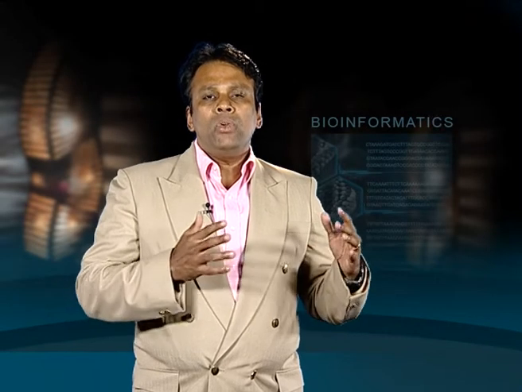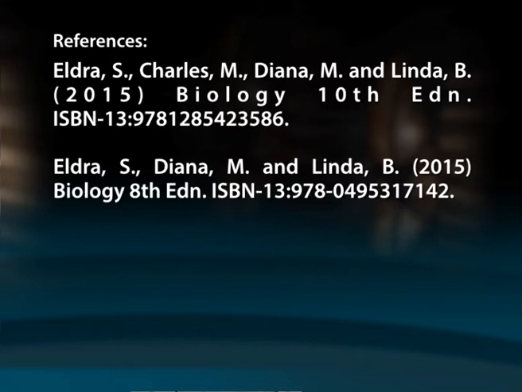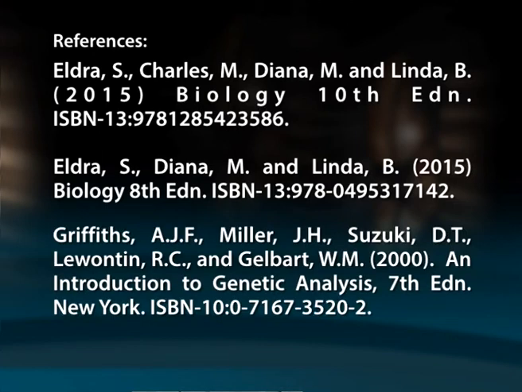I will also give you certain references for your further reading. One is a book entitled Biology, 10th edition, published in 2015 and authored by Eldra, Charles, Diana and Linda. A second book is again entitled Biology, 8th edition, published in the year 2015 and authored by Eldra, Diana and Linda. The third reference is entitled Introduction to Genetic Analysis, 7th edition.